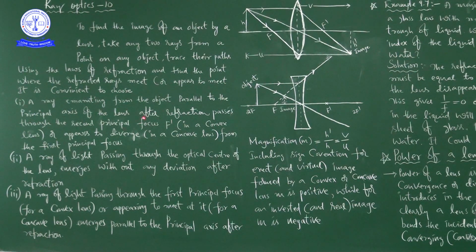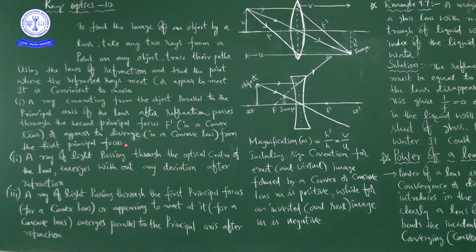Please concentrate when I am explaining all the points one by one. See this. A ray emanating from the object parallel to the principal axis of the lens, after refraction, passes through the second principal focus in a convex lens, or appears to diverge in a concave lens from the first principal focus.